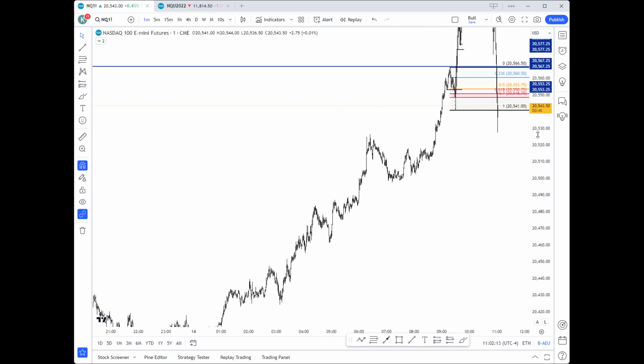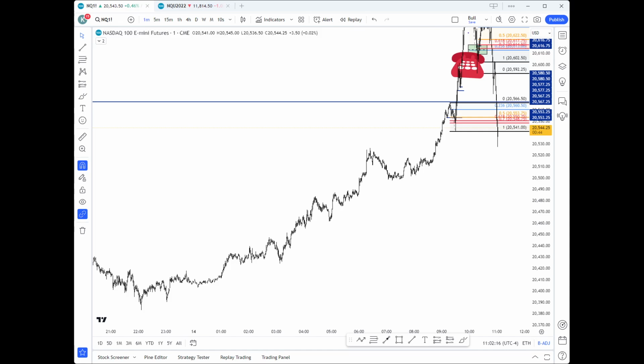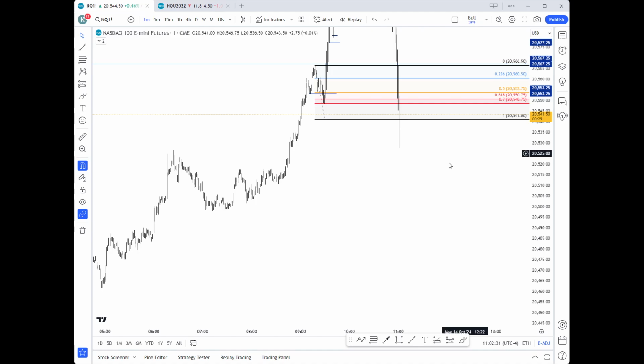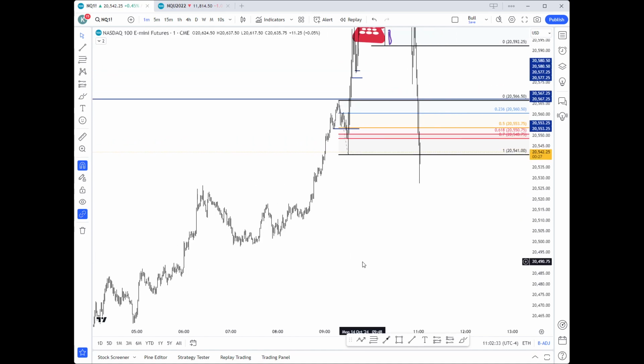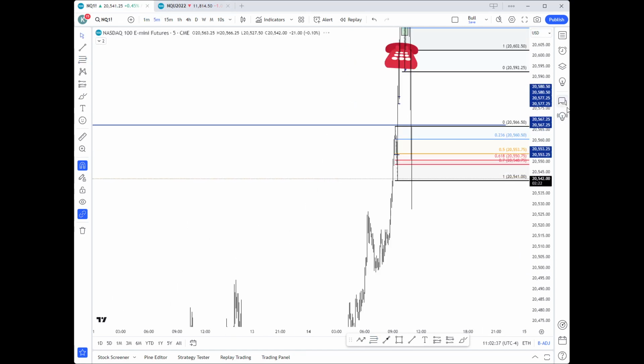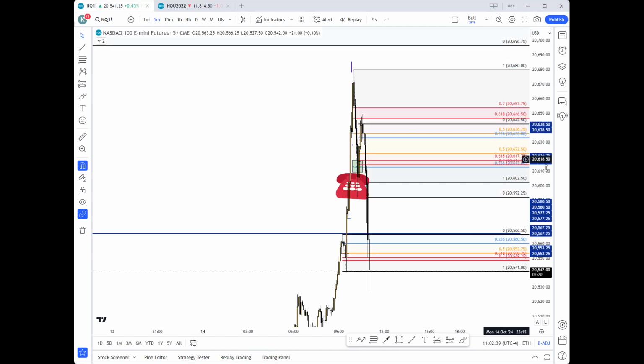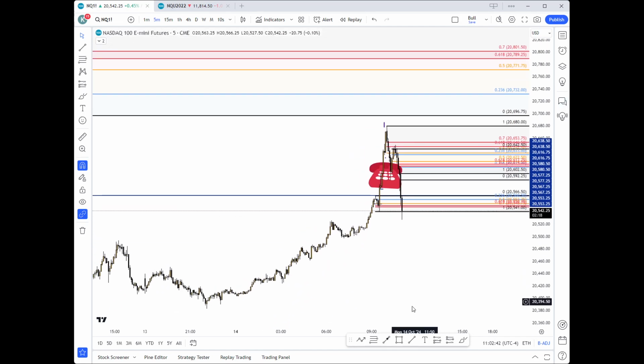We've got all this still down here. What do we got? What have we got? I think we're in the pocket of this area of interest.